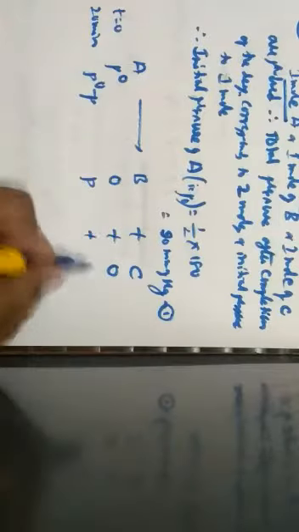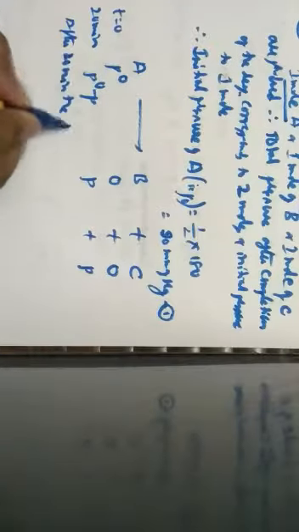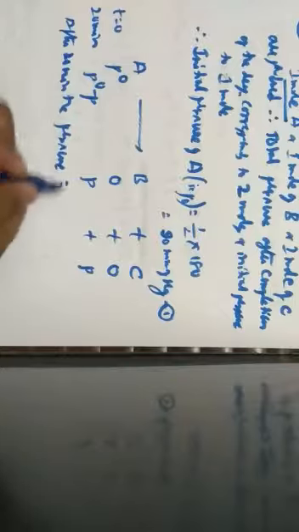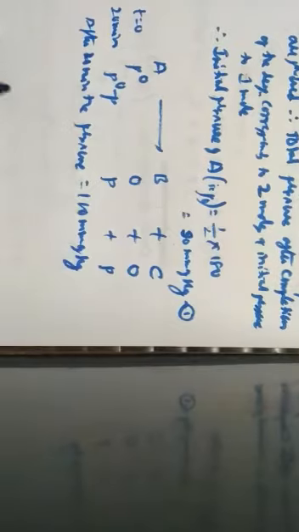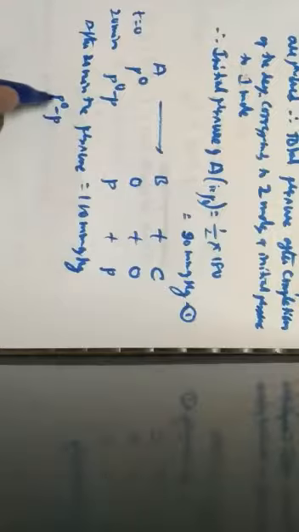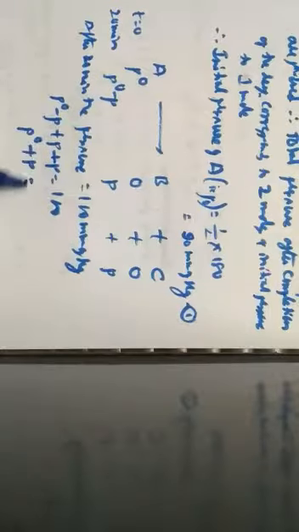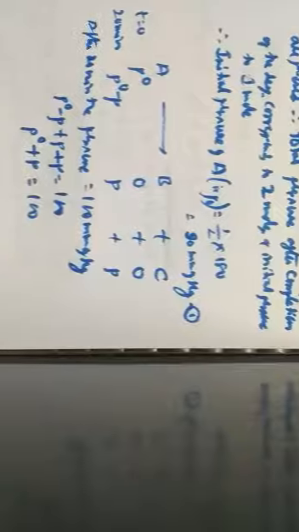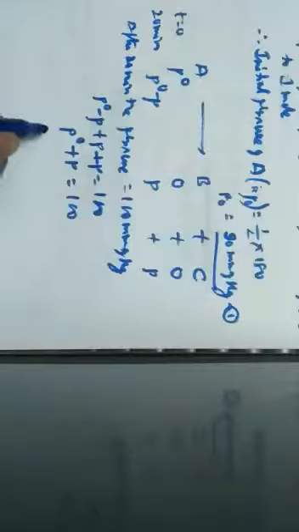Hence the product formed with respect to B is P, and the product formed with respect to C is also P. Therefore, after 20 minutes, the total pressure is 100 mm of Hg, as mentioned. The total pressure is calculated as the sum of the individual partial pressures, that is P naught minus P plus P plus P is equal to 100. Therefore, I can write it as P naught plus P is equal to 100. But from the initial case, we have calculated P naught is equal to 90.